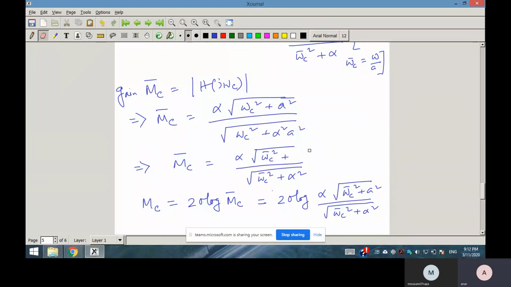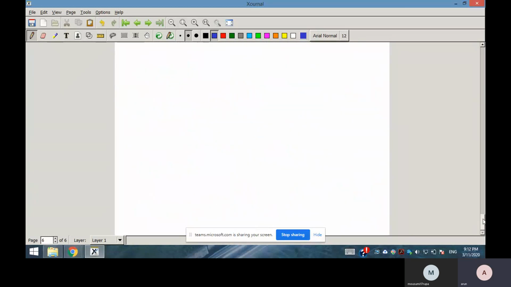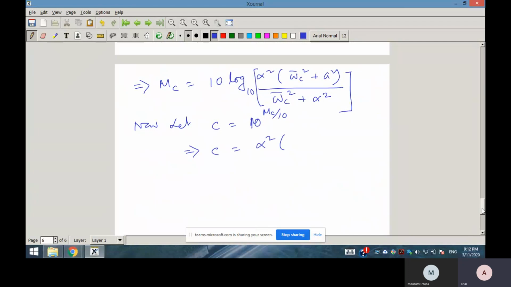So C equals alpha square into omega c bar square plus 1 divided by omega c bar square plus alpha square.